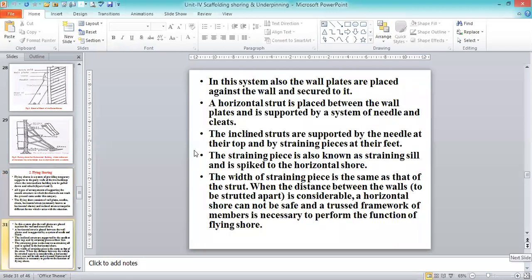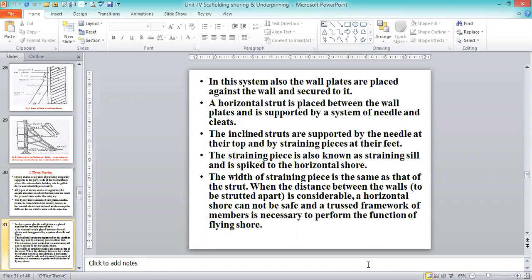In this system also the wall plates are placed against the wall and secured. A horizontal strut is placed between the wall plates, and the inclined struts are supported by the needle at the top and by straining pieces at their feet. The straining piece, also called a straining sill, is spiked to the horizontal shore.